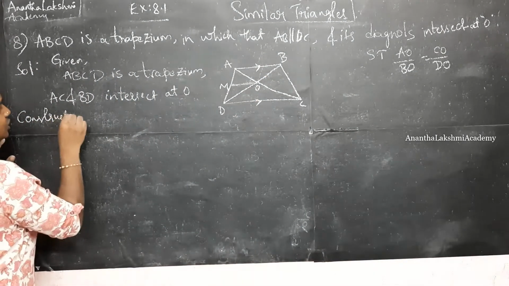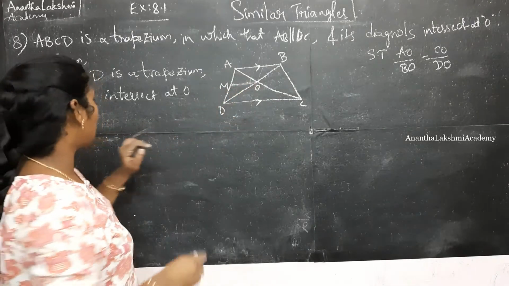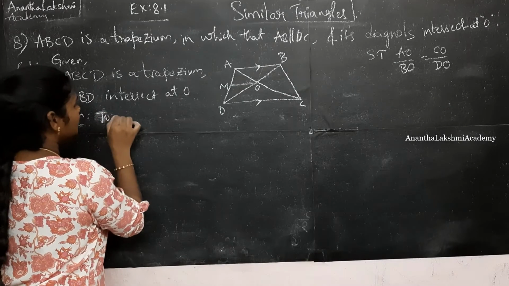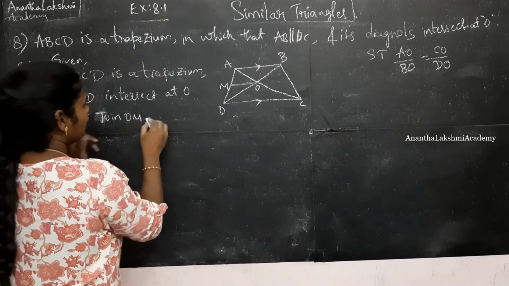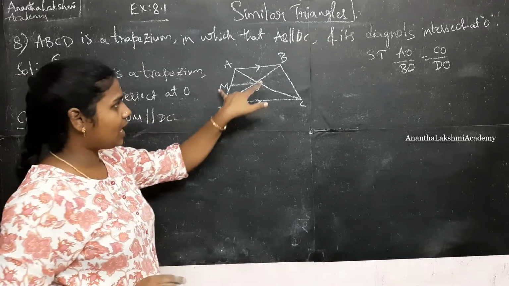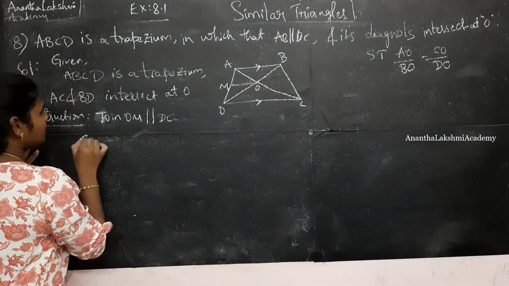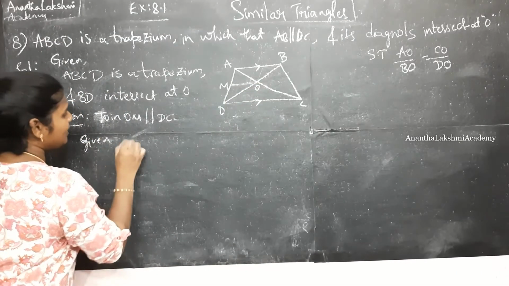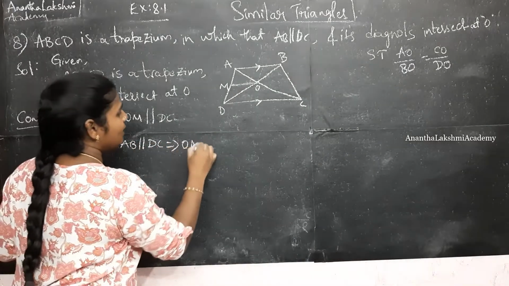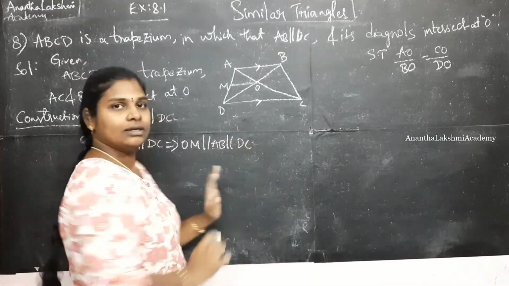What did I construct? I constructed a line OM, OM parallel to DC. Now, given AB is parallel to DC, that implies OM is parallel to AB is parallel to DC.